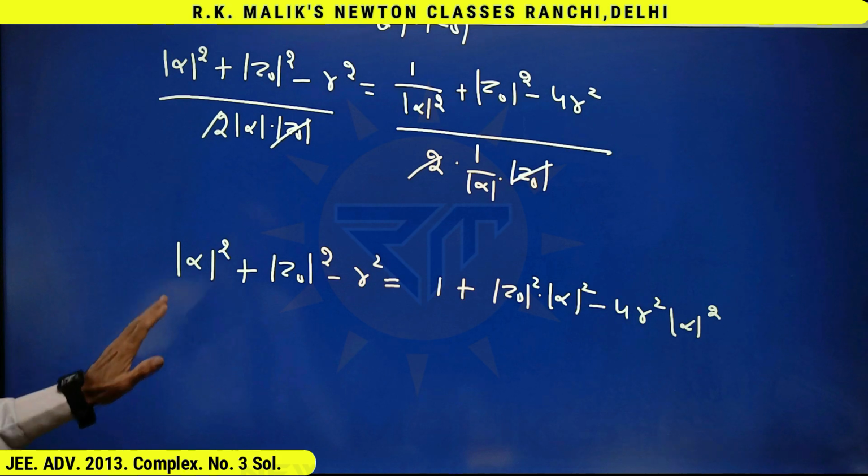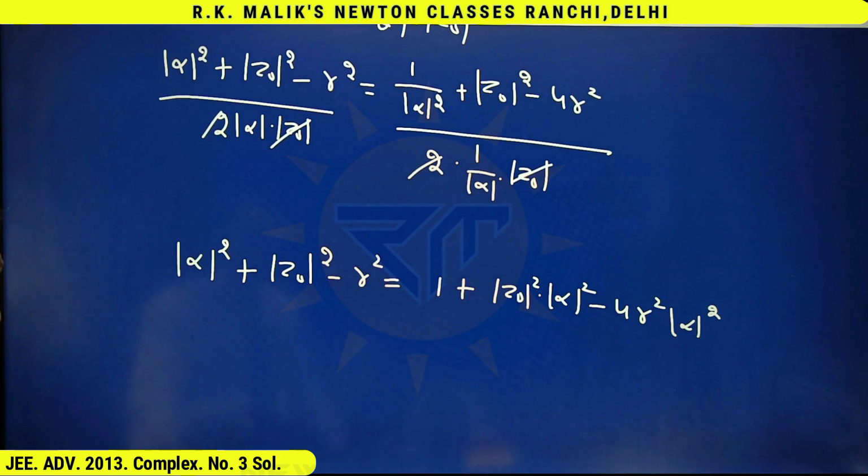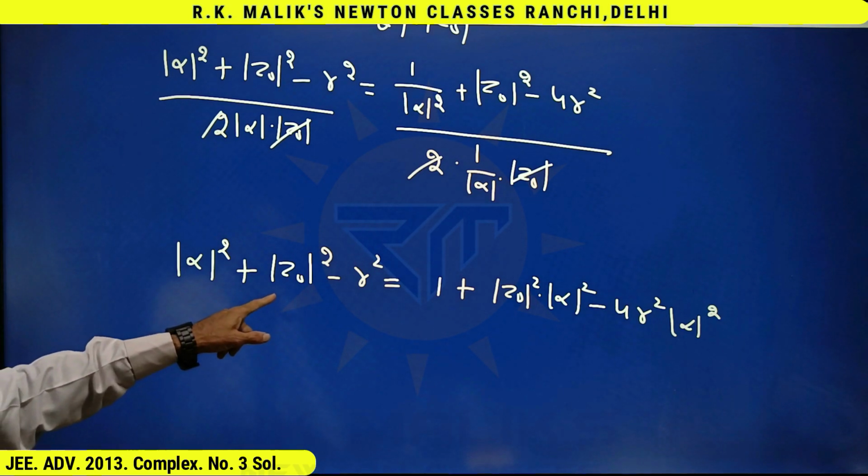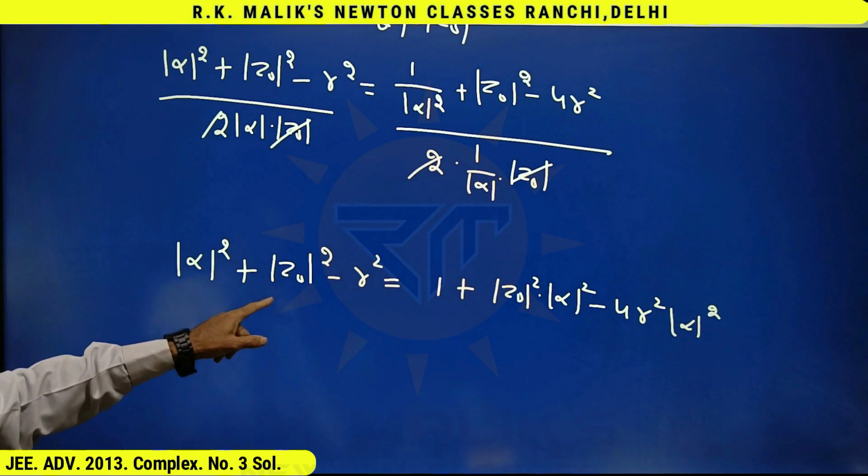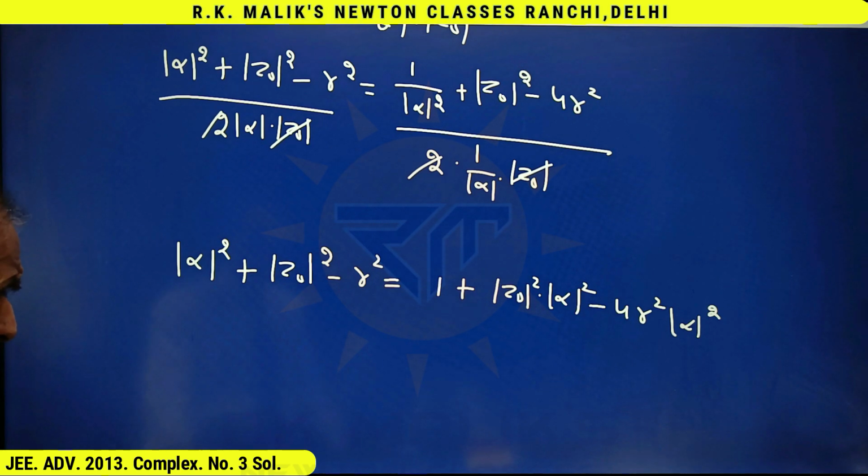And we have got a relation in which mod alpha is present. Obviously, by taking the value of mod z0 in terms of r, I will get the value of mod alpha.